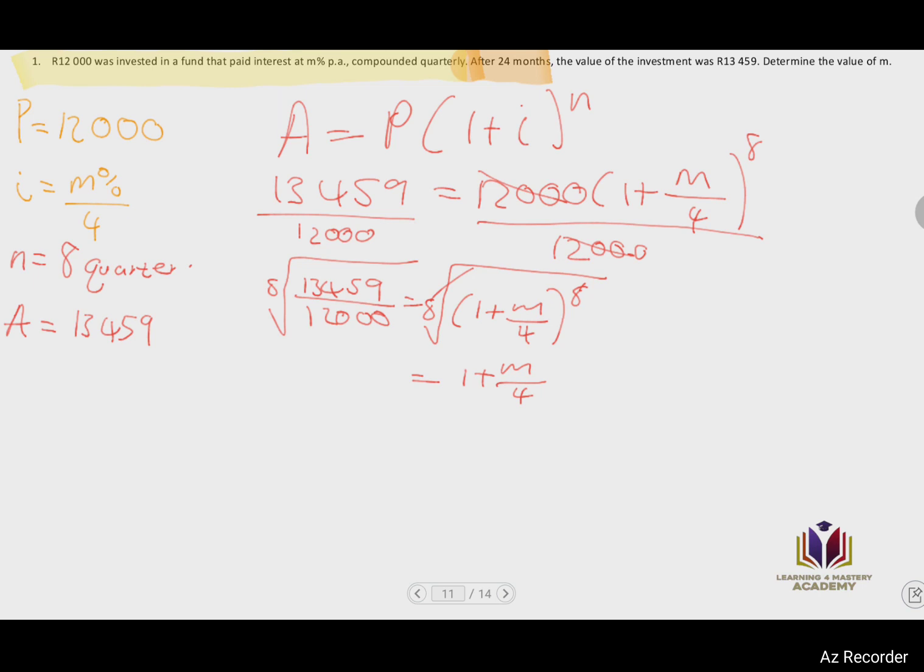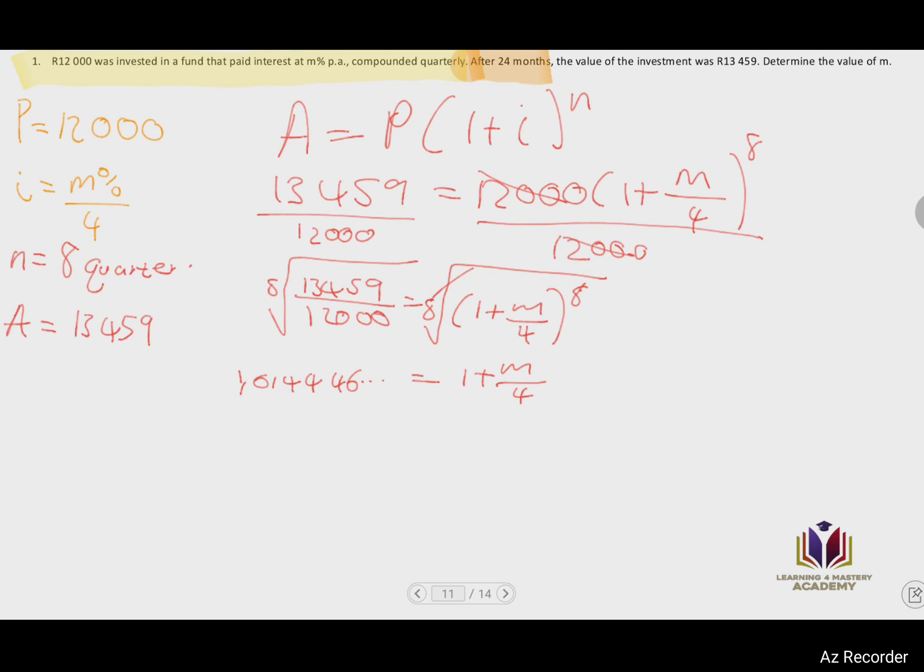Then I'm going to say the 8th root of this fraction, 13,059 over 12,000. It's going to give me 1.014446. Then on my calculator, I leave the decimal as it is.